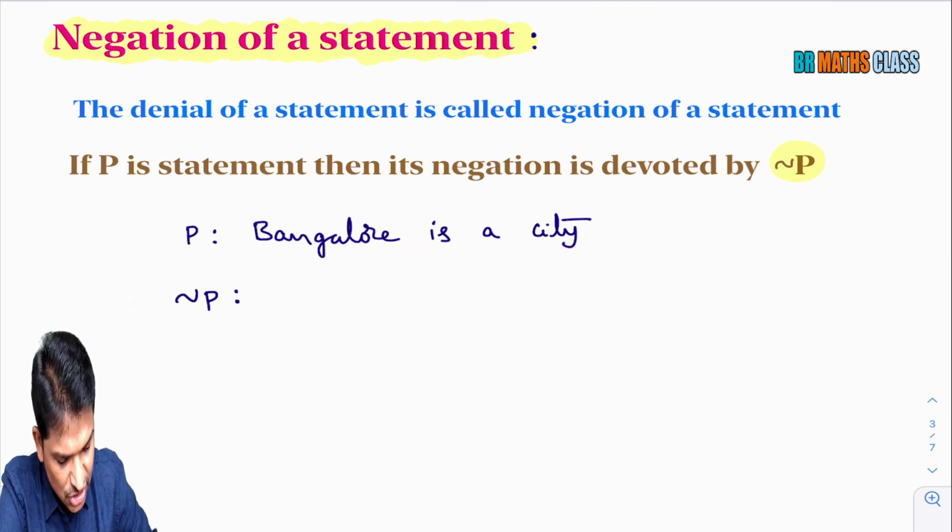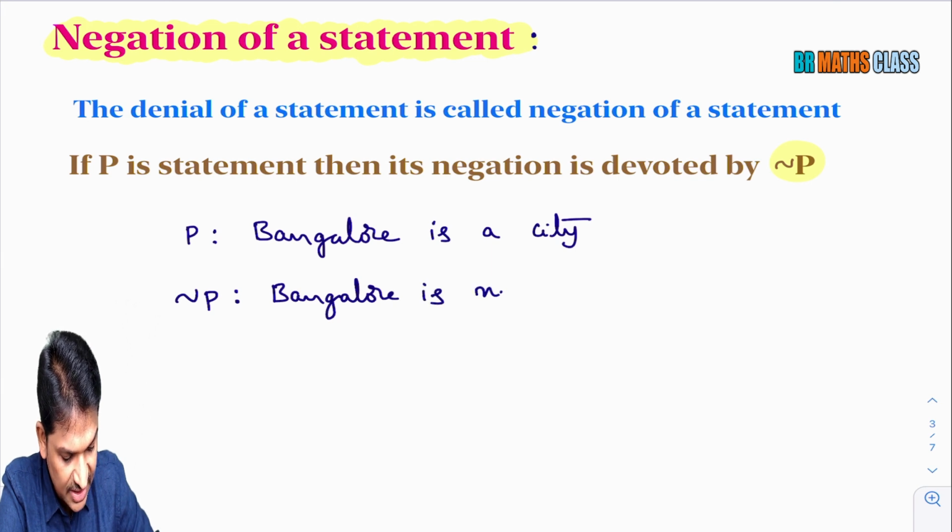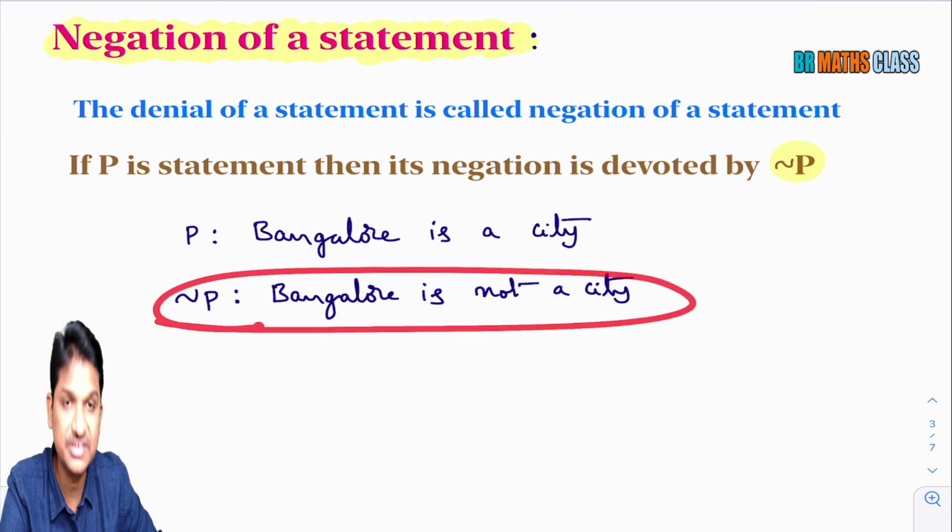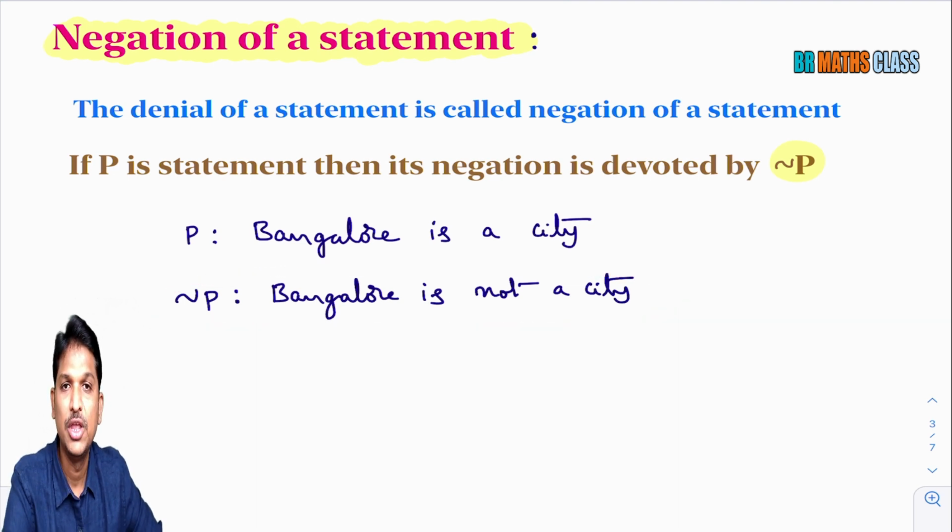So, what is the negation of this statement? The negation of this statement is Bangalore is not a city. Bangalore is not a city is the negation of Bangalore is a city. Actually, this is very easy. To avoid confusion in exercise problems, we have a few more things related to negation of a statement.